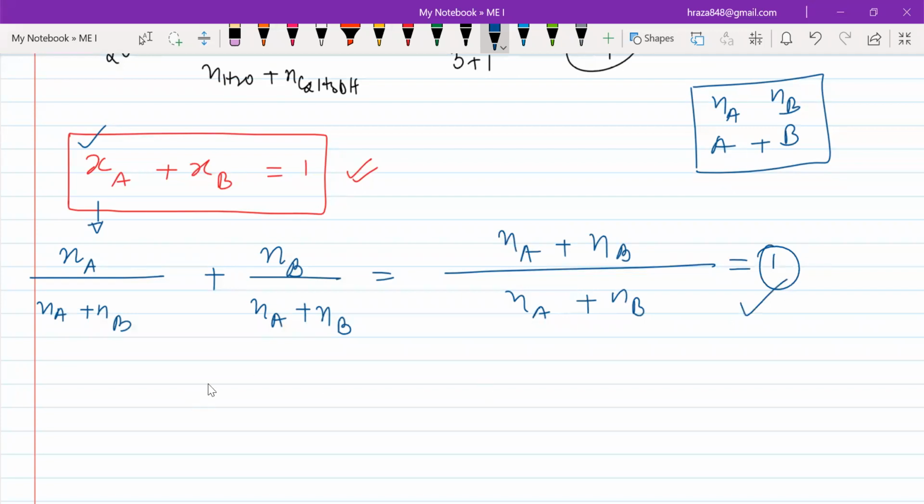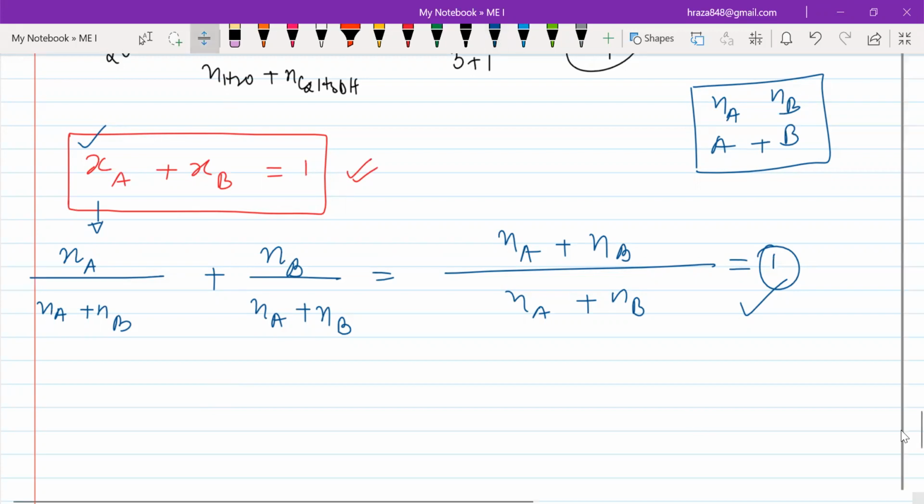So if you sum all the individual mole fractions, you will get 1. Sir, done. Done. Very good.